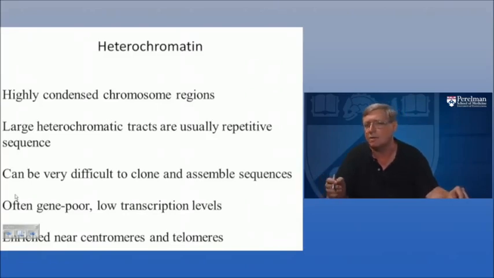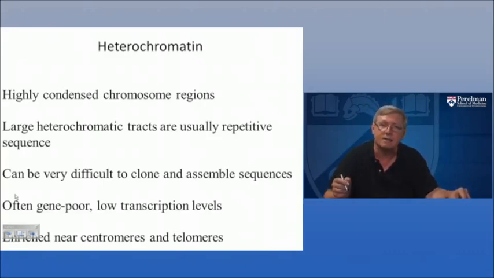Sometimes these elements are repeated for very long stretches, millions and millions of base pairs. Because they're large and tandemly repeated, they're very difficult to clone and assemble. Bacteria as well as yeast don't necessarily handle these large tandem repeats particularly well. They tend to delete out upon DNA replication in these clones, in these organisms.